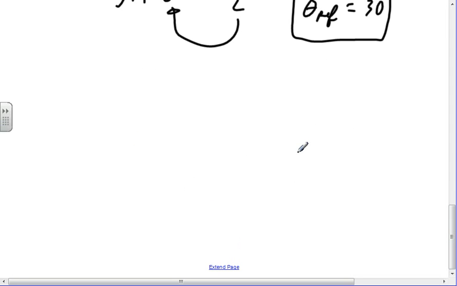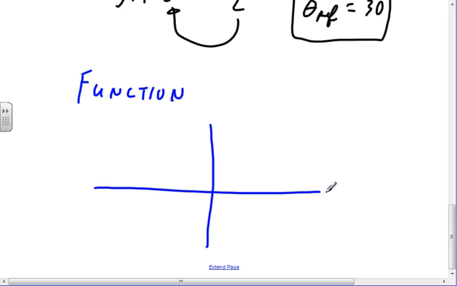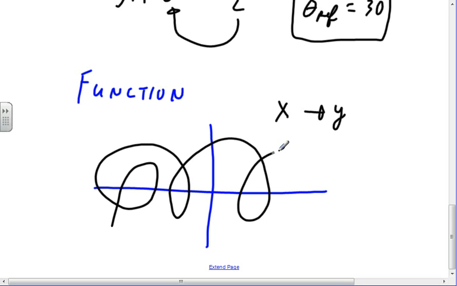What's the definition of a function? Okay, so if I have a function, that means that for any x, I get a y. And I only get one y. Right? So if I look at this guy here, is that a function?